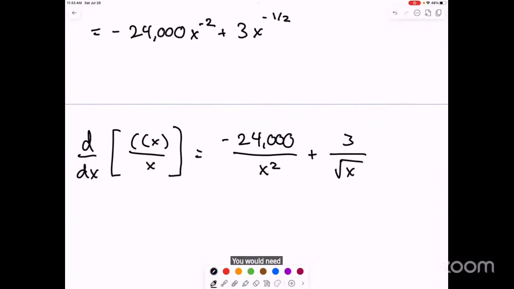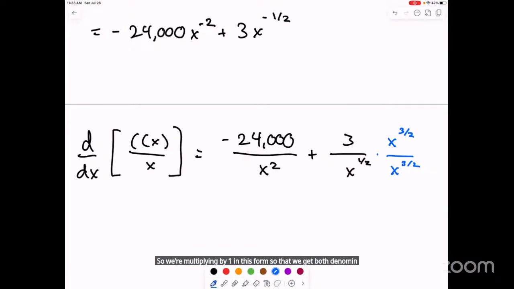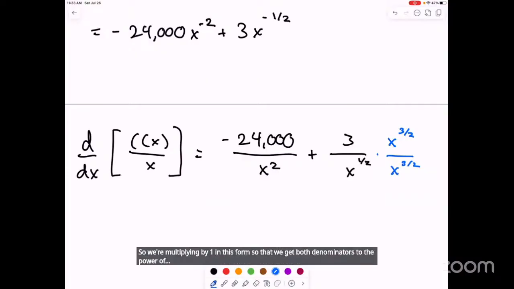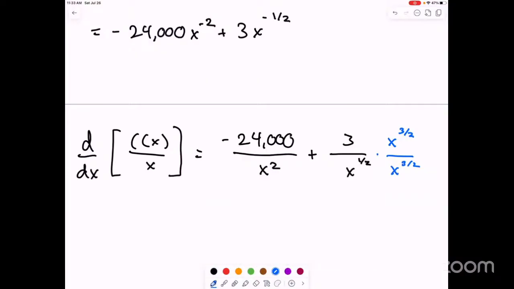You would need to multiply, if that's to the power of a half, we would need to multiply, if we want a common denominator of x squared, 3/2. So we're multiplying by 1 in this form so that we get both denominators to the power of x squared, right?